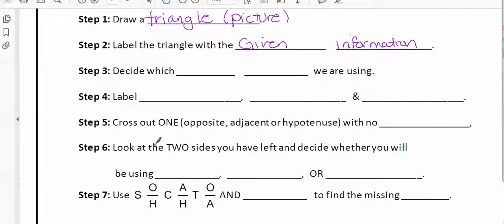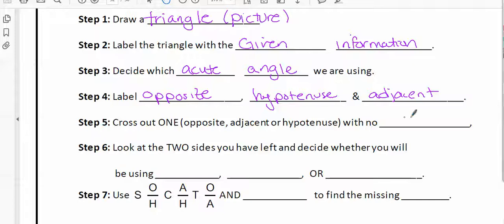Once I label it with the given information, I need to figure out which acute angle I'm going to be using or talking about, and then of course I'm going to label my opposite, my hypotenuse, and my adjacent sides.